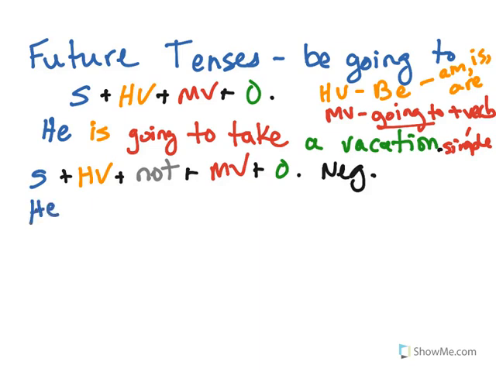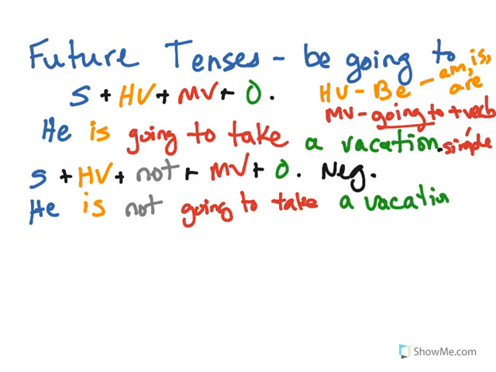We start with the subject, and then our helping verb, he is, and then not, he is not going to take a vacation. And here of course if you want to, you can make it contract into isn't. Same thing with aren't. I can also use aren't as a contraction.